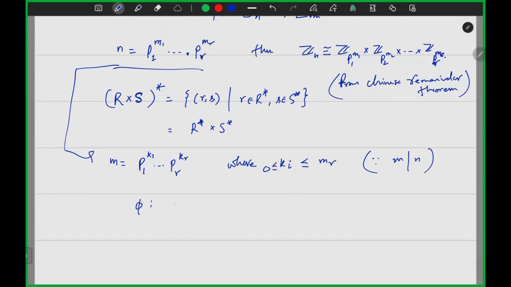if we show component wise surjection, let's say from Z_{pi^mi} star to Z_{pi^ki} star, this is surjective.